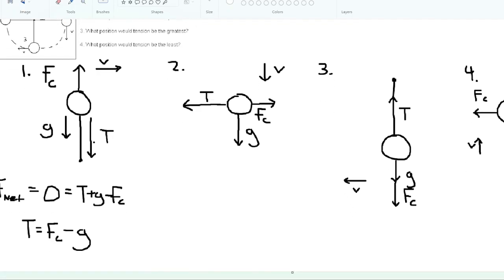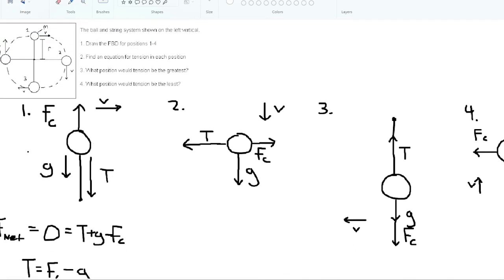Which makes sense if you can imagine swinging this ball. What you would feel is at the top it will feel the lightest, and at the bottom it will feel the heaviest. If you've ever been on a roller coaster, you experience something very similar. When you're in a roller coaster going in a loop-de-loop, at the very top you feel almost weightless, and as you reach the bottom you feel about as heavy as maybe a really dense sponge.